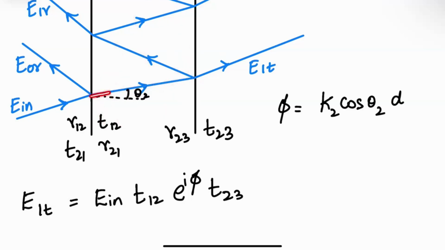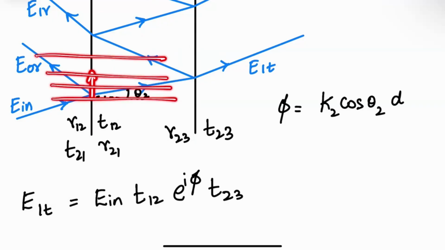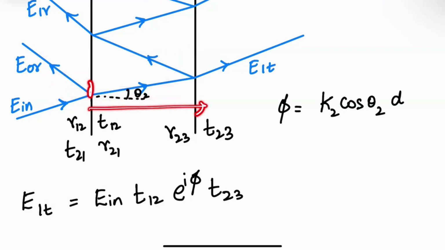If I want to know how much phase this picked up from this plane wave front to this wave front, then I have to look at the k component in this direction. This plane wave can be decomposed into one going that way and one going this way. The one plane wave going this way doesn't have any phase difference in this direction. At this point, this wavefront and this wavefront have the same phase.